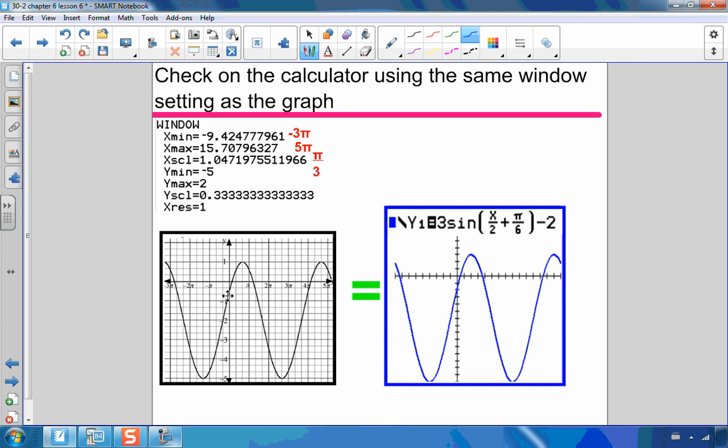My y values go from -5 up to 2, and it's going up by thirds. So I do my window setting, and then I do my equation. There's the equation we just figured out, and you can clearly see that those are the same graph. Since the graphs are equal, I know that my equation is correct.